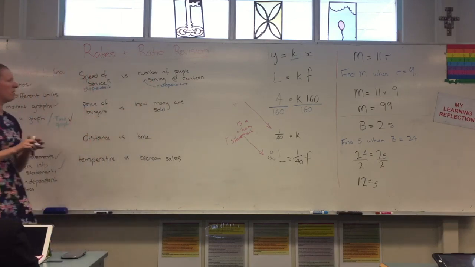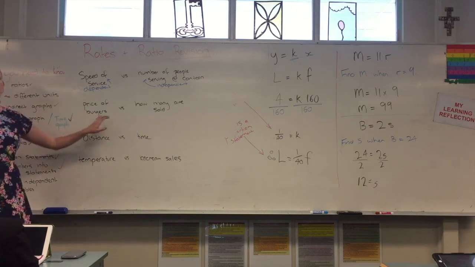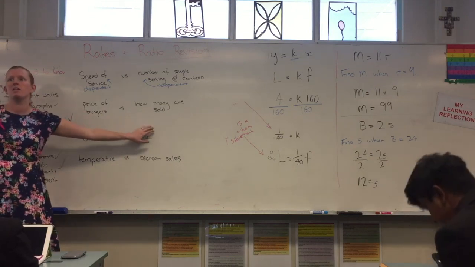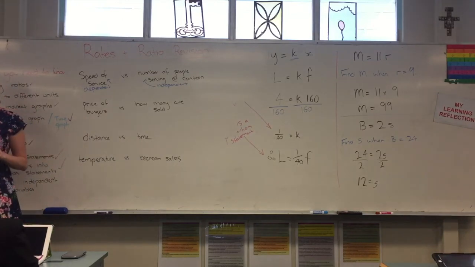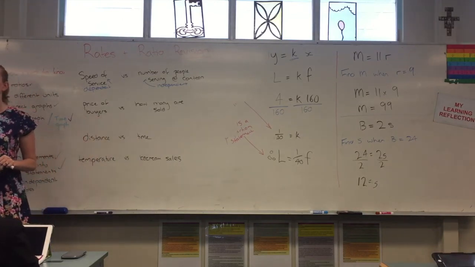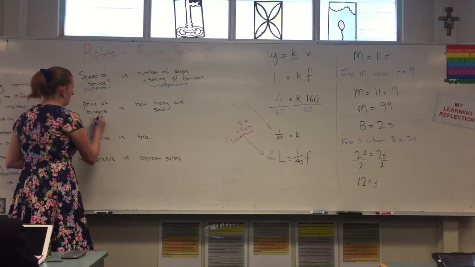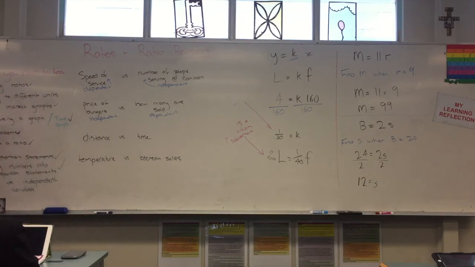Great. The price of burgers versus how many are sold. Do you decide what to buy based on how much money you have? Yeah, awesome. So the more expensive something is, the less people will buy it. So, does the price of burgers change depending on how many they sell, or does how many they sell depend on the price? Awesome. So which one's independent? Price. All right. Distance versus time, easy one.